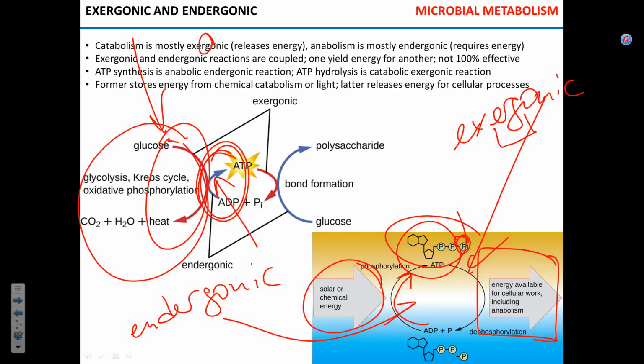Of course, nothing is 100% effective. We are not 100% effective. So all this energy that does not go into the endergonic reactions, where does it go? We lose it.